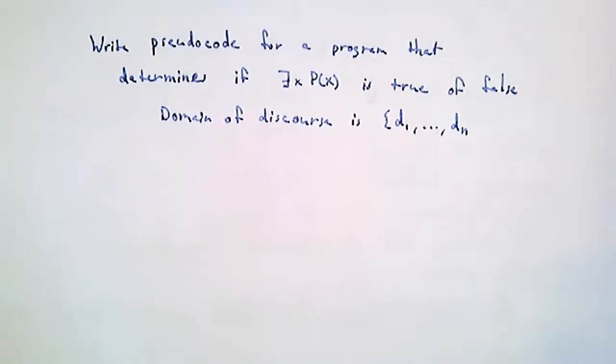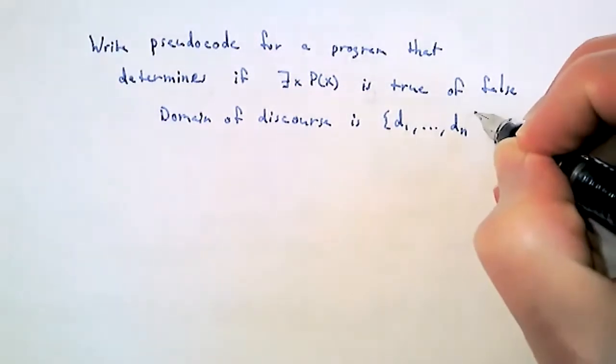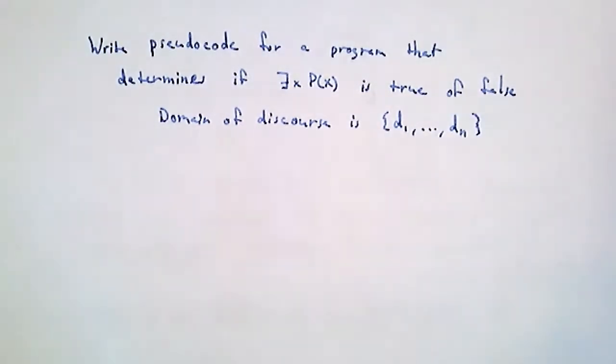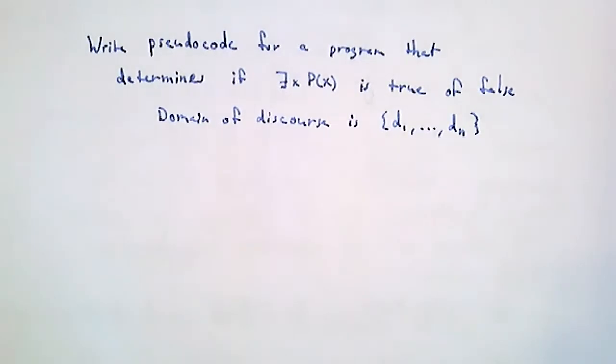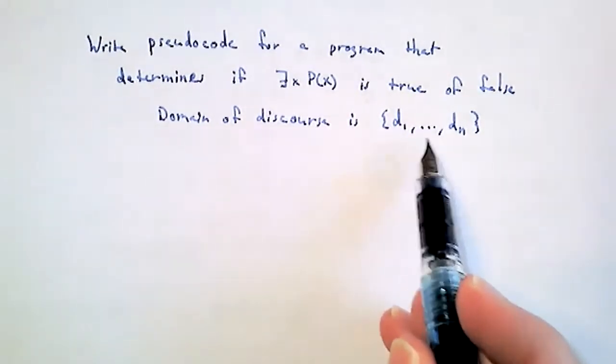Okay, we'll stick with the notation that we used last time for our pseudocode for the universal quantifier. So our sets D1 through Dn.